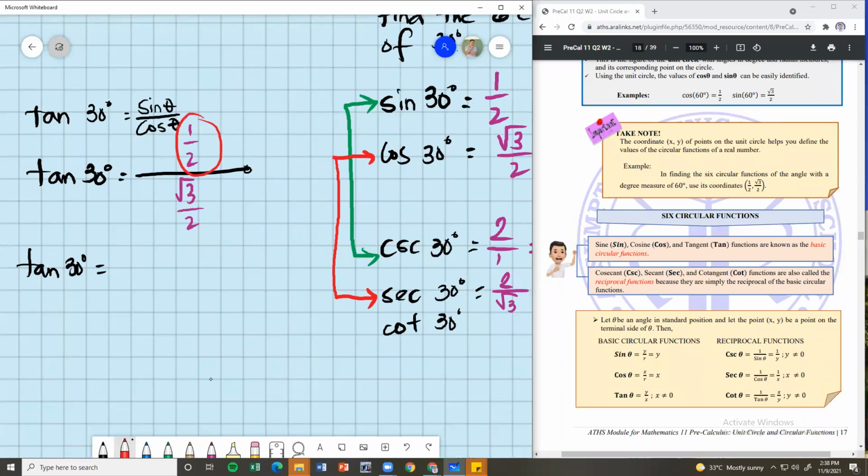That becomes 1/2 times reciprocal of your denominator, 2 over the square root of 3. Can you follow? So that becomes, the answer is 1 over the square root of 3.